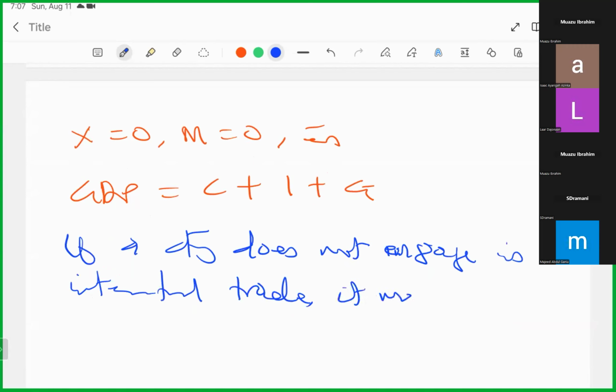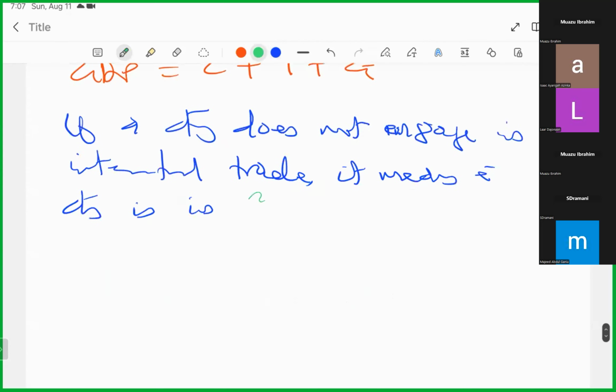It means the country is in what is called autarky. The country is in autarky.